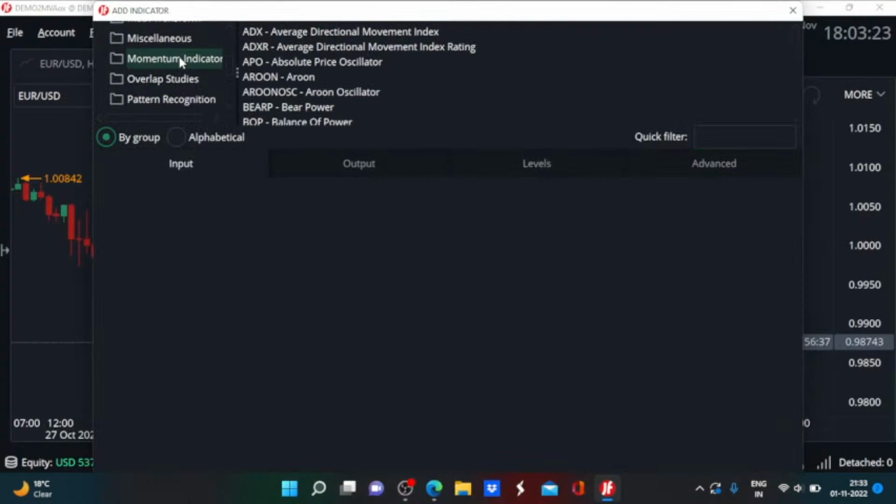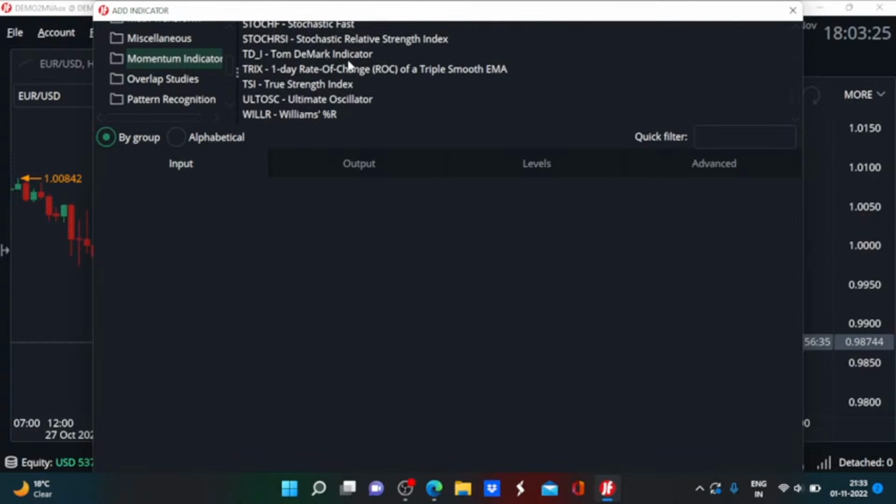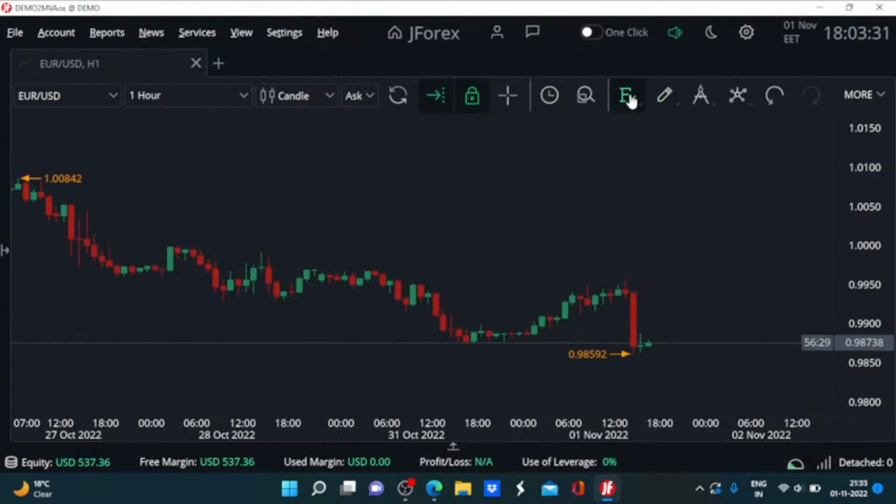It is listed below the true strength index. And if you know the indicator's name, simply type in ultimate and here we have it.